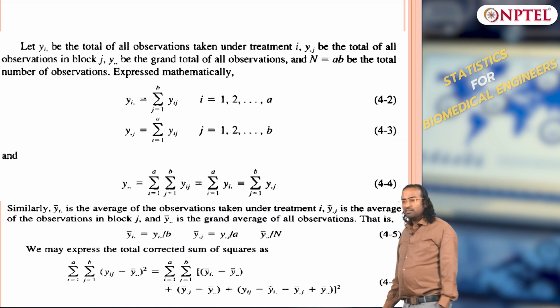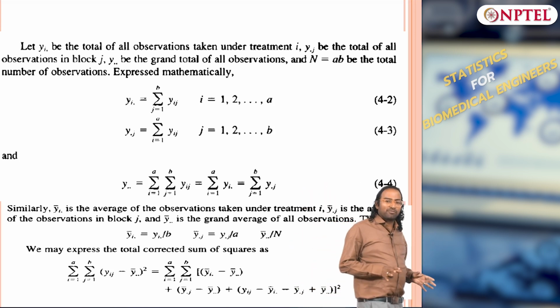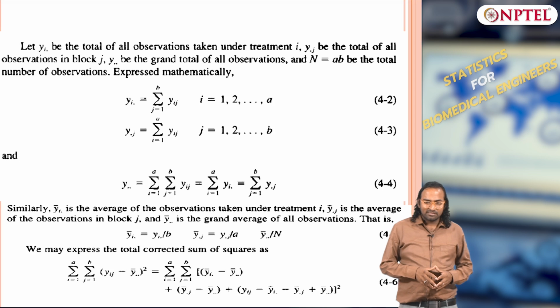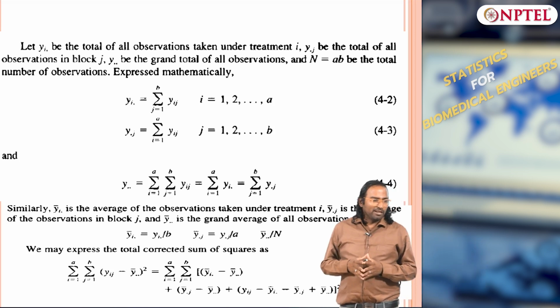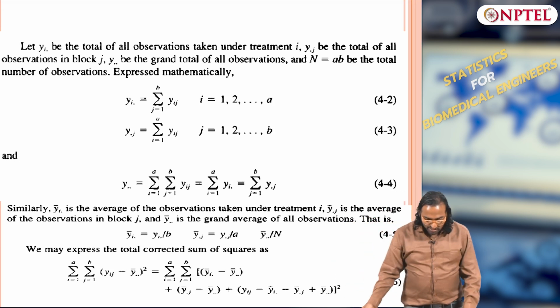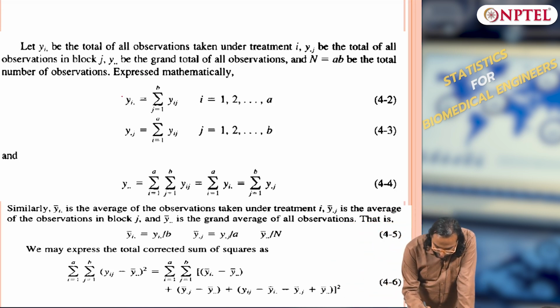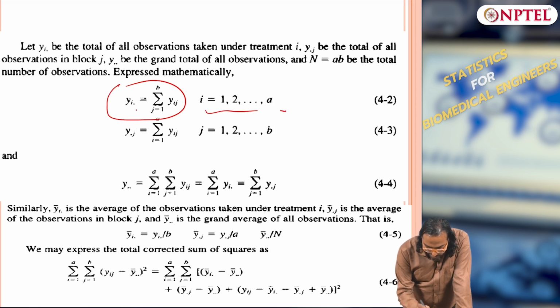Again, now we can go back to the linear least squares way of thinking to estimate the parameters. ANOVA we did, and similarly we can extend it to RCBD. So you have y i dot, which is the summation along the b axis for i equals 1 to a. And y dot j is the summation along a for each b.